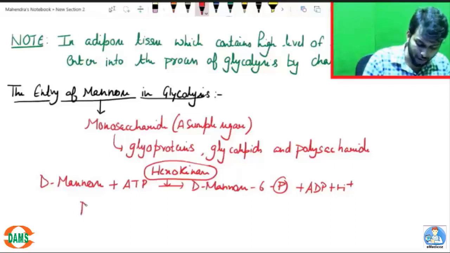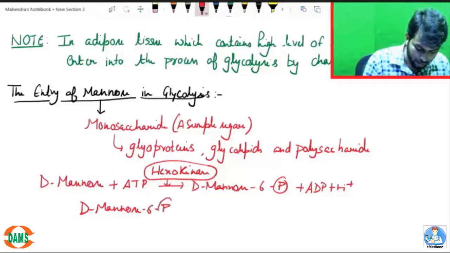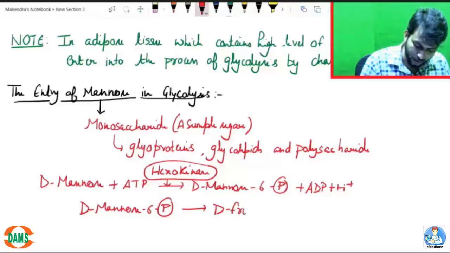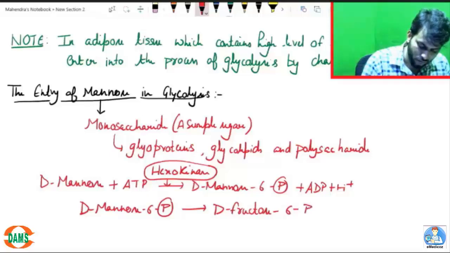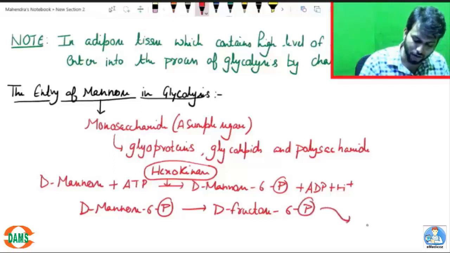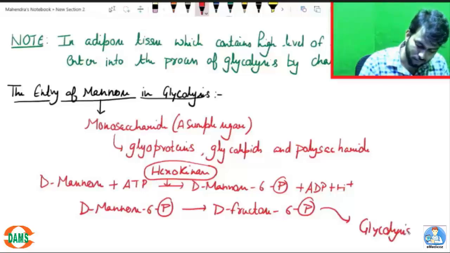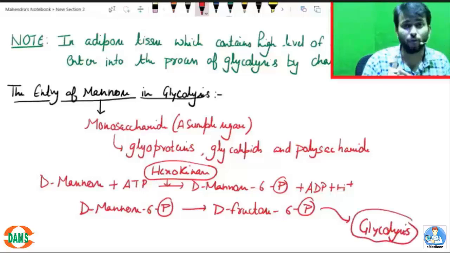This D-mannose 6-phosphate is going to convert into D-fructose 6-phosphate, which can enter into the process of glycolysis. What would be the enzyme?